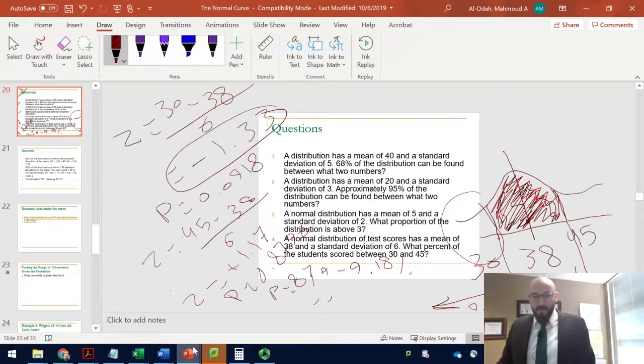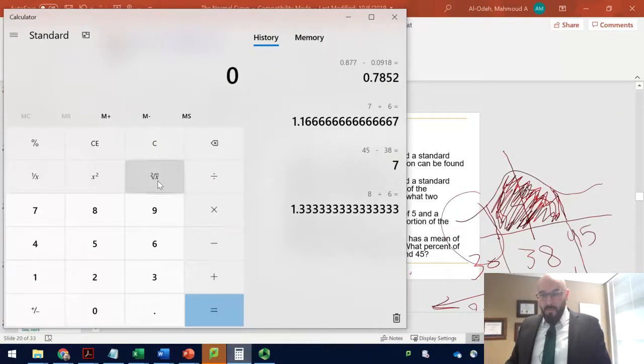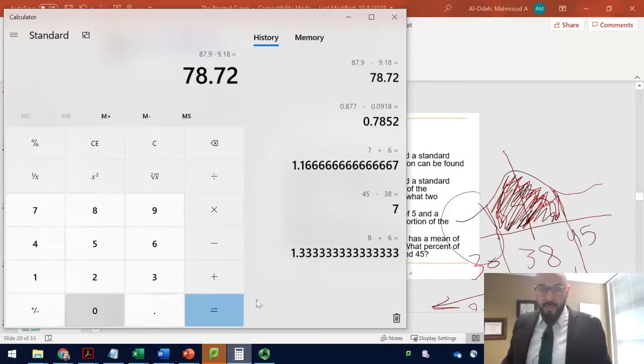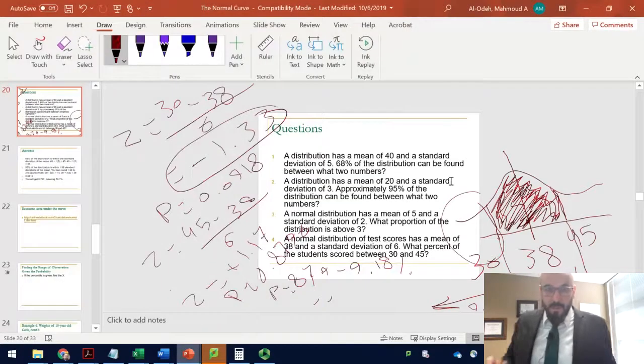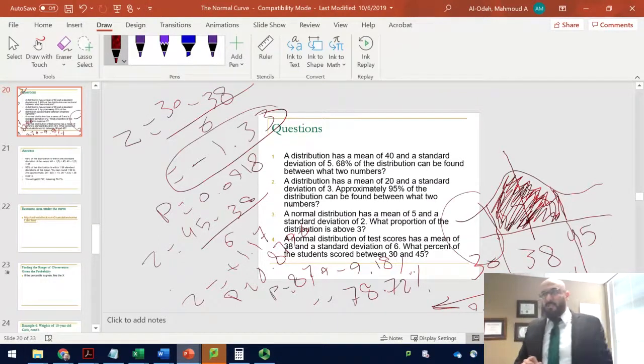If you use the calculator, 87.9 minus 9.18, that would give you 78.72. So 78.72% of the data is located between these two.